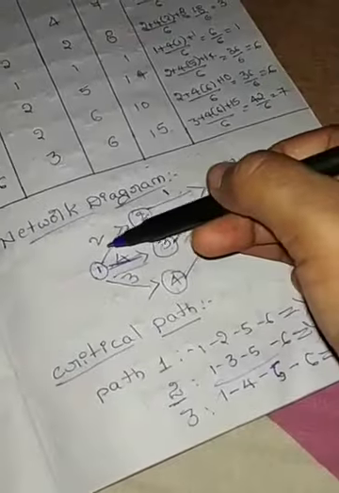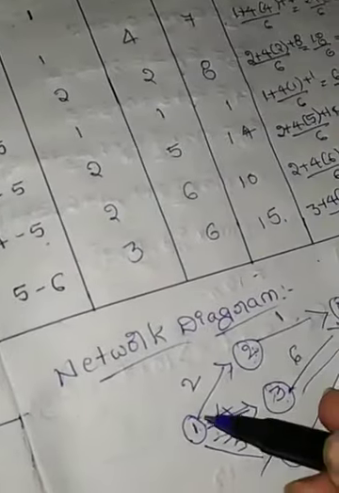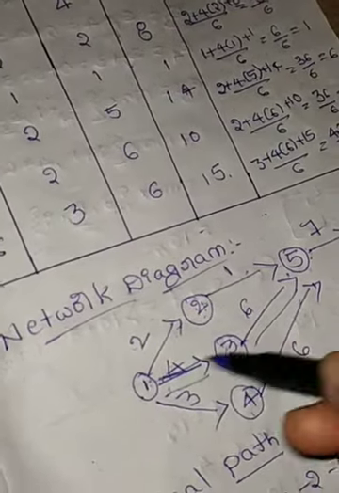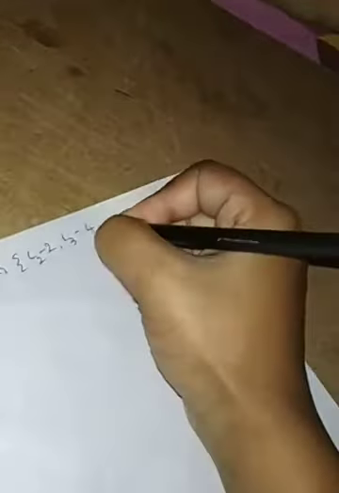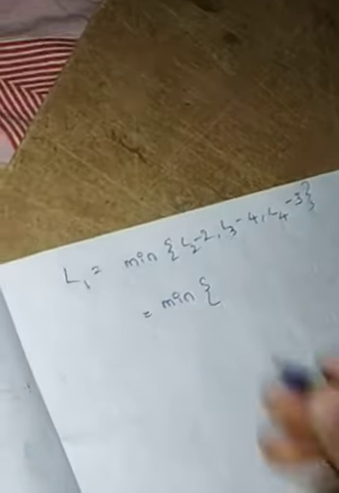Next we calculate L1. L1 has more than one tail of the arrows, so we consider the minimum of L2 minus 2, L3 minus 4, L4 minus 3: 9 minus 2, 4 minus 4, 4 minus 3.